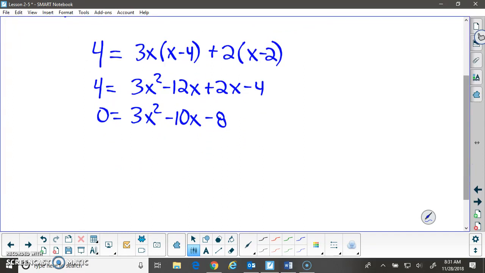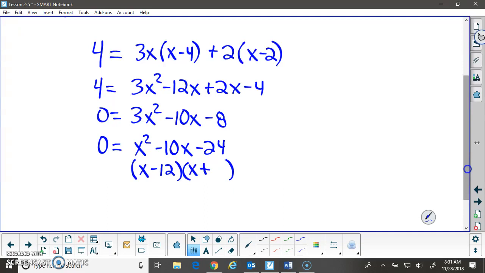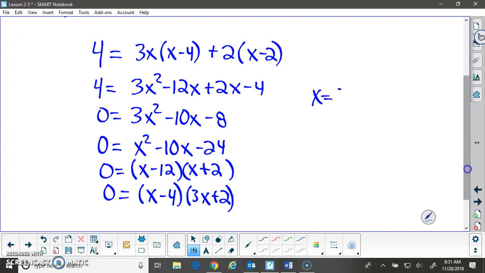So what I'm going to do is take the 3 and send it to the back. If I send it to the back, I get a quadratic that we can break down into x minus 4 and x plus 2. But since I sent the 3 to the back, I have to divide these by 3. So we get x minus 4 and 3x plus 2, which means my two solutions are negative 2/3 and 4.